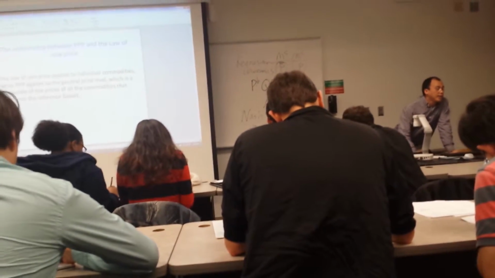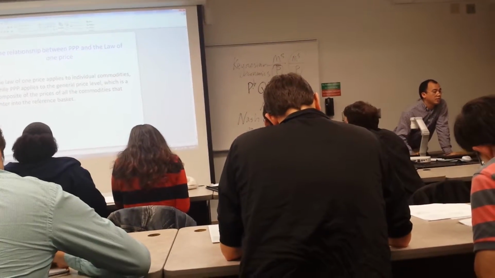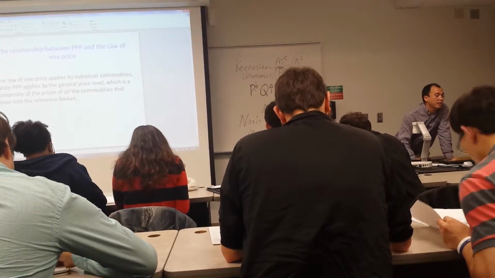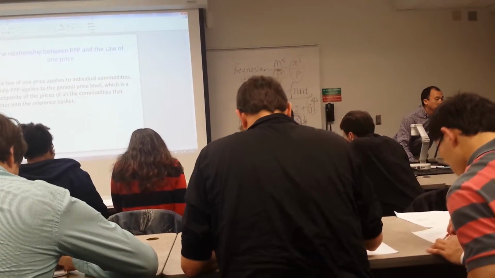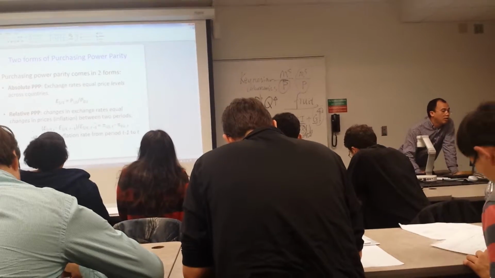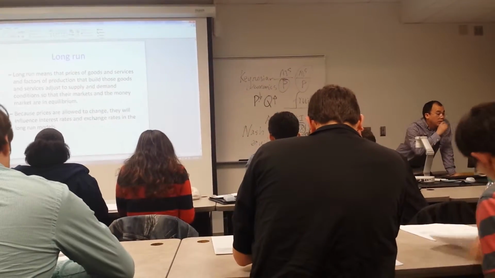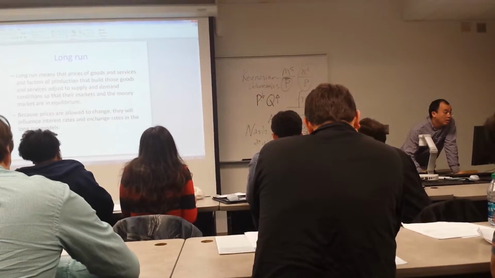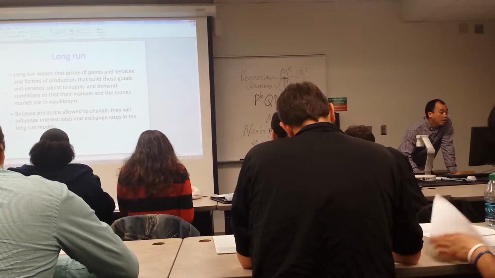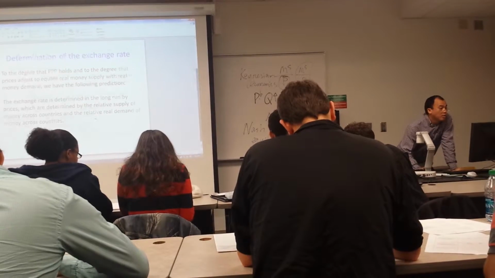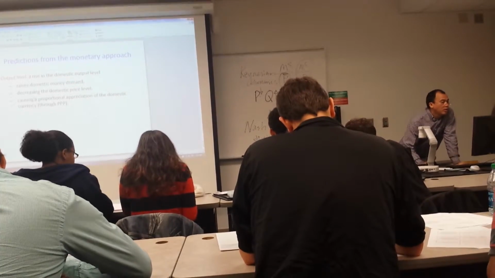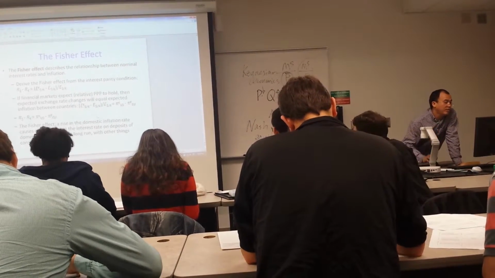And purchasing power parity, and you need to understand what the relationship between purchasing power parity and the law of one price. You need to understand what the meaning of nominal. What's the meaning of the Fisher effect?